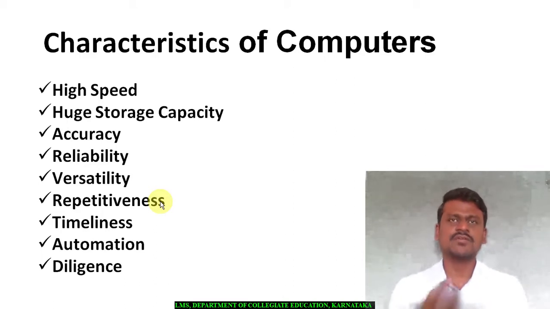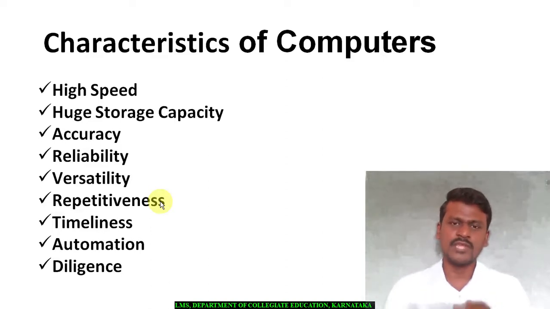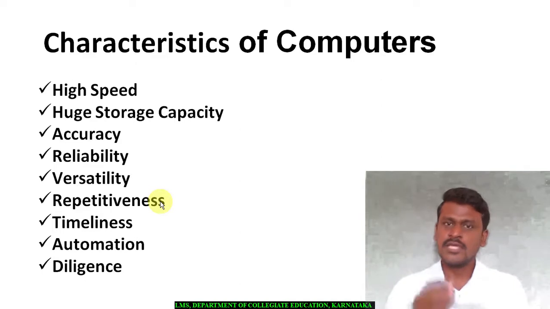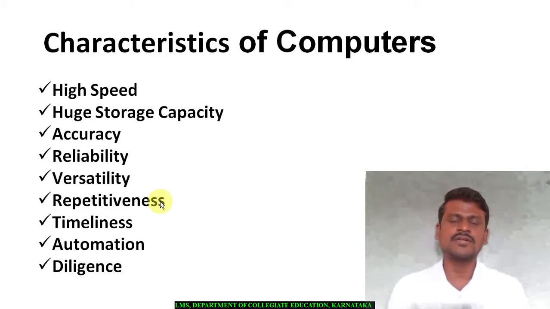Whatever number of calculations you give the computer, it will make them and give you results. If you give the same problem 1000 times, 2000 times or a million times, it will give the exact correct result without getting tired, right? So that is the main characteristic of the computer.